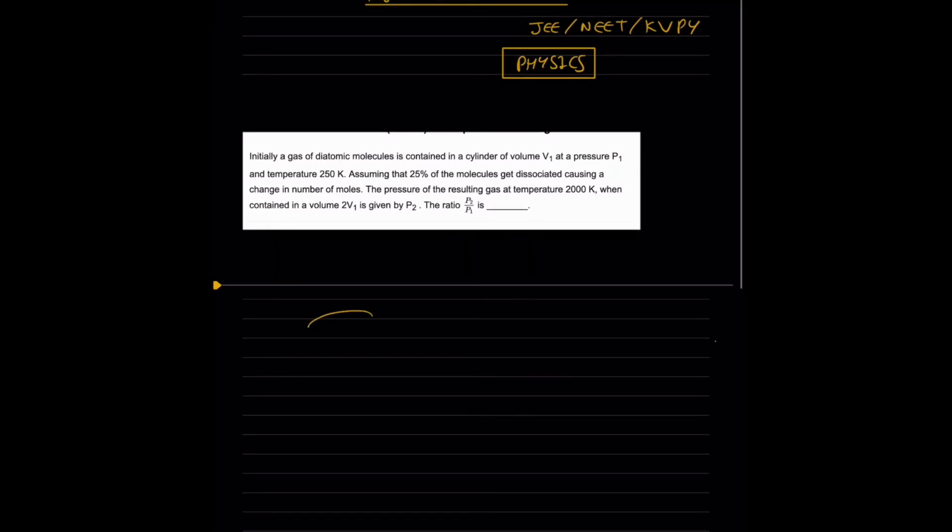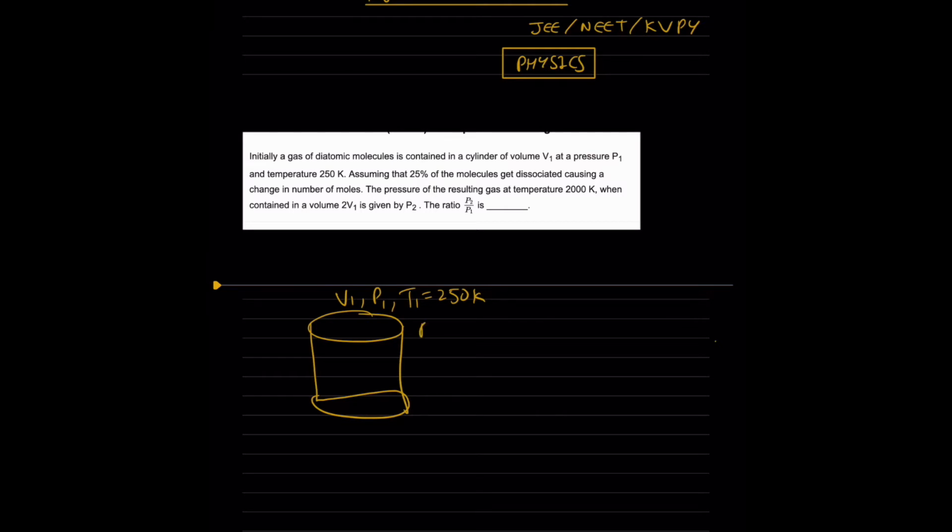Let's say this is our container 1, of volume V1, pressure P1, and let's call the temperature T1 as 250 Kelvin, and let's say the total number of molecules in moles inside container 1 is nothing but N. Now in condition 2, what is happening is 25% of these moles are getting dissociated, and it's a diatomic gas.